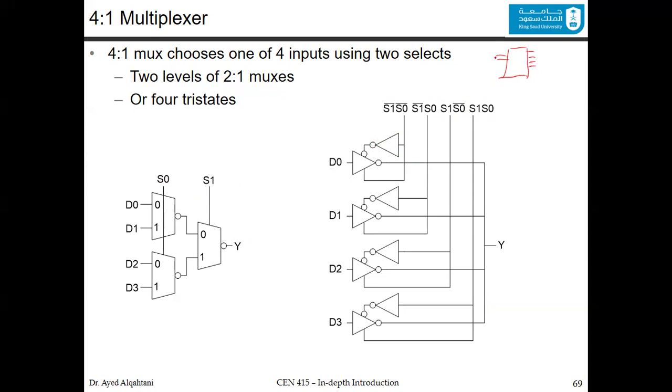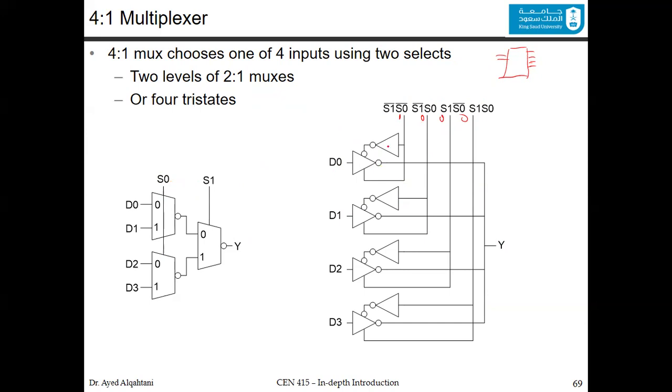So you decode the inputs. Usually, one of these lines would be 1 and the others will be 0. So if, for example, this is 1 and this is 0, 0, 0, obviously you will choose D0. If this line is 1 and the other 0, then you will choose the other input and so on. This is the way.